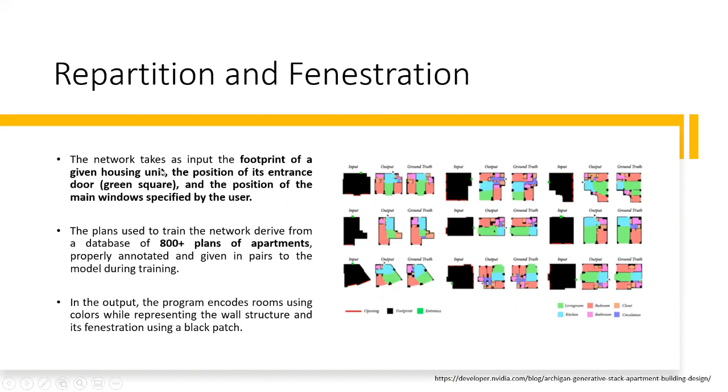Partition and fenestration. The network takes as input the footprint of a given housing unit, the position of its entrance, and the position of the main window specified by the user. So this will be the input, and the second column which you are seeing is the output of the model.